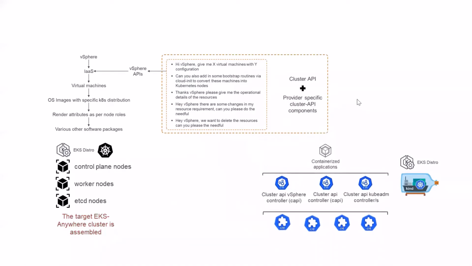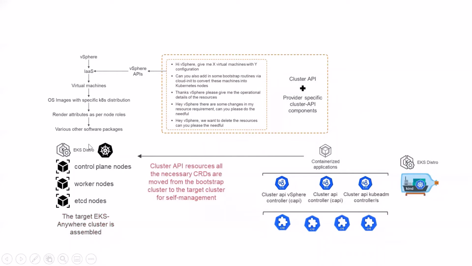Now, once this cluster is created, this is a very important phase. This is where some of the important implicit things actually become more explicit. So these pods or controllers, once the cluster is assembled and ready in that sense of an interim state, these particular pods and CRDs, or the controllers and CRDs, what are these?